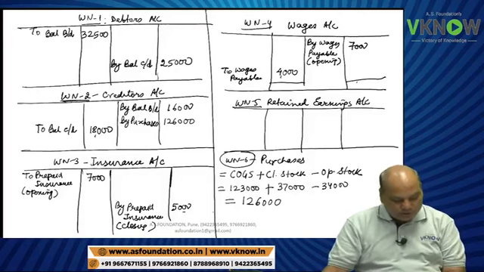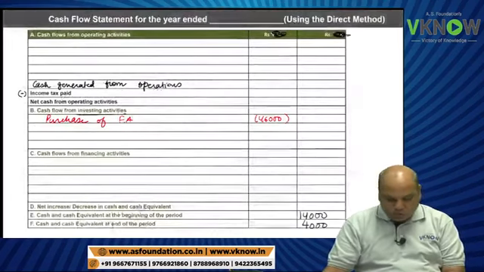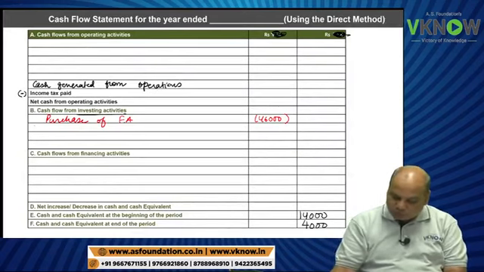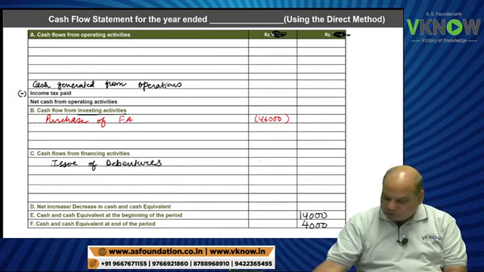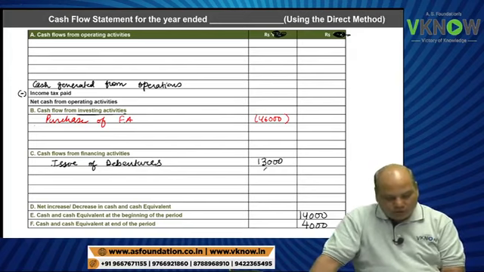Next line is debenture. Opening debenture is 160, closing is 173. So I will come to financing activity and write issue of debenture, in positive number, 13,000.